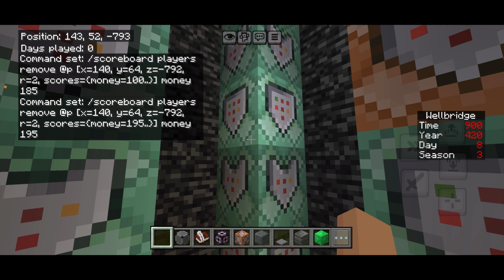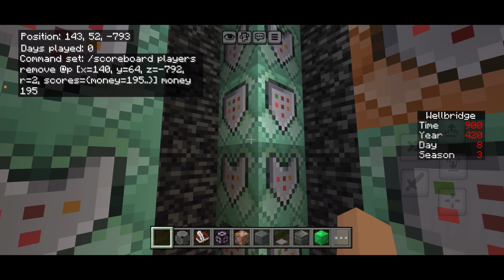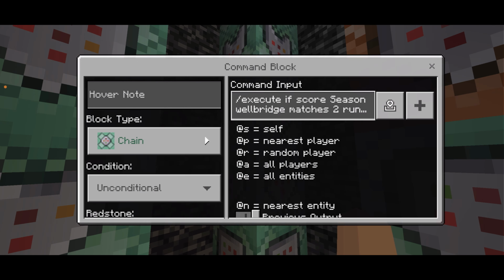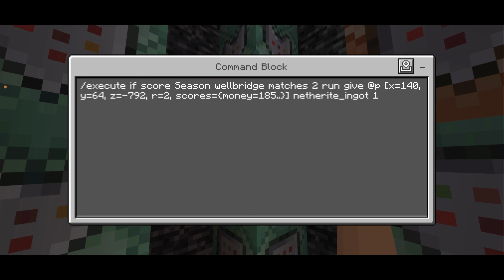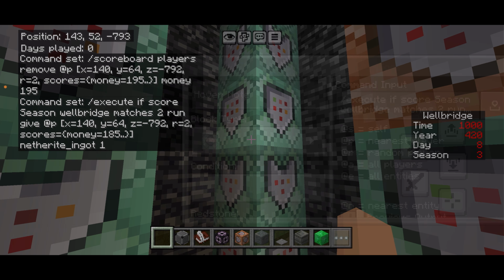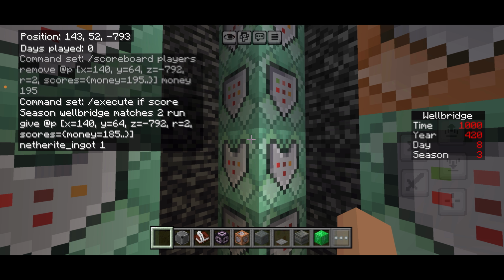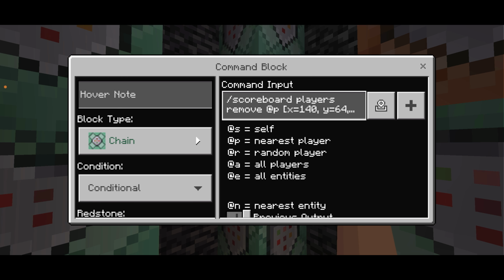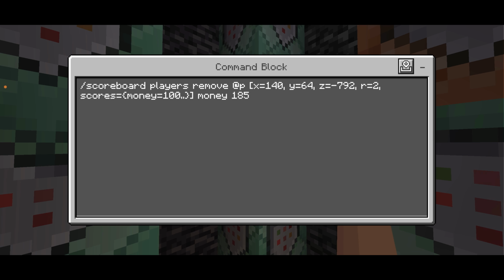Now, the season 2 should just be 185, which is exactly what it is. Season 2 conditional, the second one, we are going to just change it to 185. So that money that says 100 should say 185.